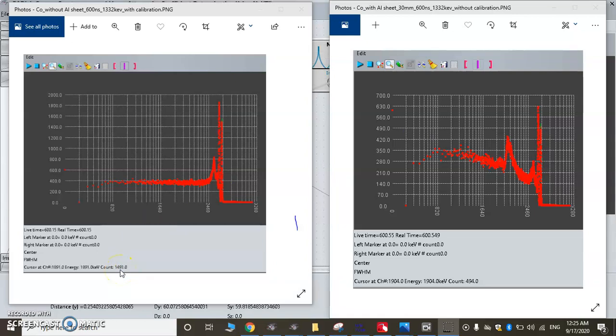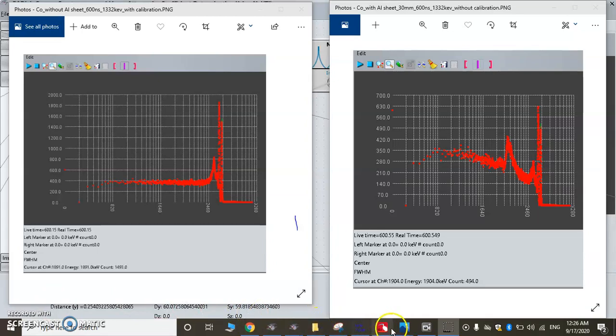For the first part we have a count nearly equal to 1493, and for the second part we have a count nearly equal to 500. So we can calculate mu from these two intensities. When we put our values in the equation we get an answer nearly equal to 3.7 times 10 raised to minus 2.